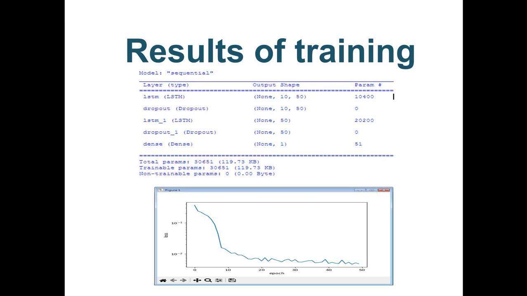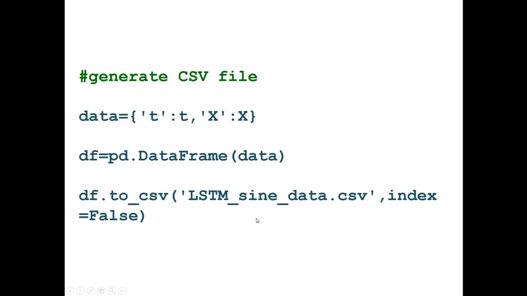So the learning rate which is chosen is good enough so that it has reached a loss that cannot go to 0 but can be close to 0. Now whatever data we have in the sine wave data, you would like to store into a data frame. So you are storing it into a CSV file.